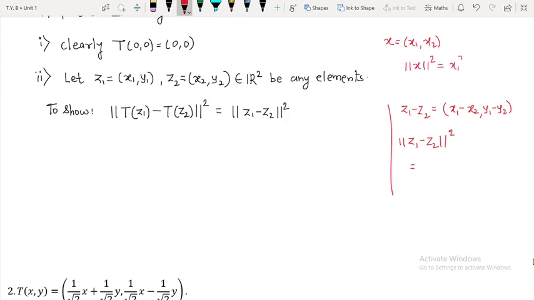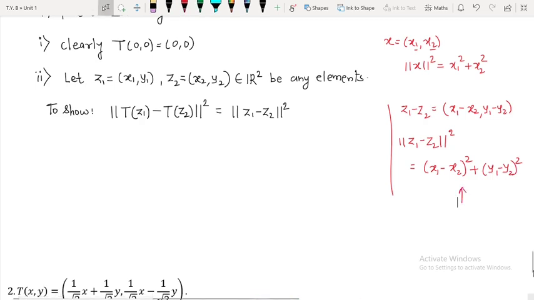It is x1 square plus x2 square. Okay, take the products of the components or coordinates rather and simply add them. So here also the same, so here what will come: (x1 minus x2) whole square plus (y1 minus y2) whole square. Why have we done this? Now we are going to start from the left hand side and we have to reach till here.